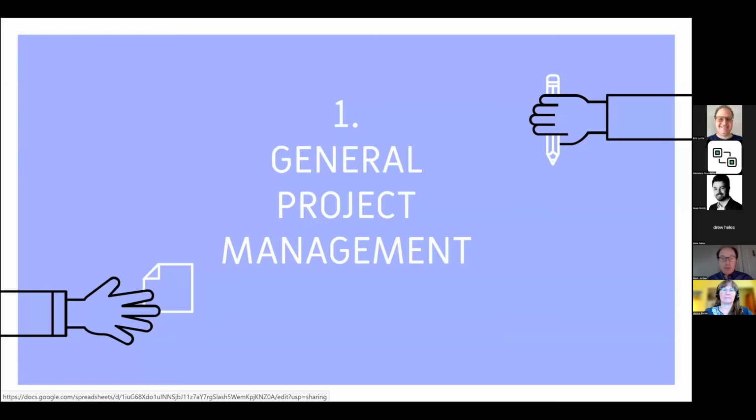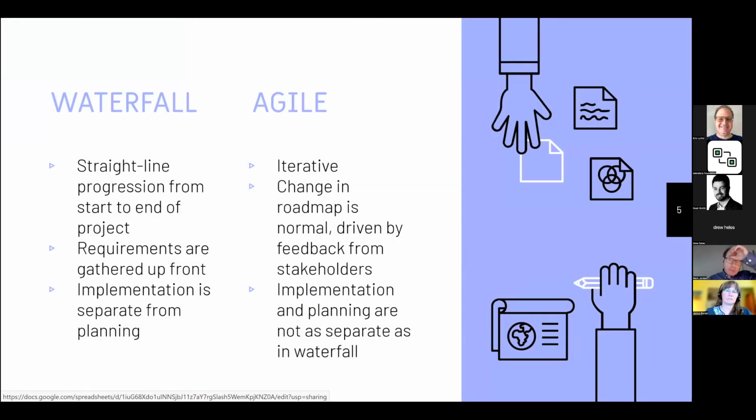So to begin the general project management overview, I'm going to do a slide or two, and then I'm going to hand it over to Janice. Just to contextualize our presentation today, you often hear a distinction between different types of project management methodologies or styles, waterfall and agile being the two most common.